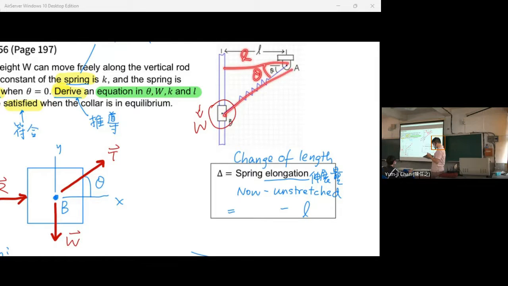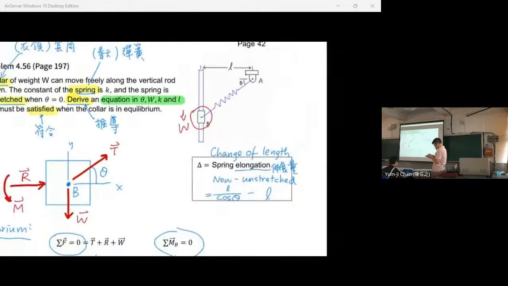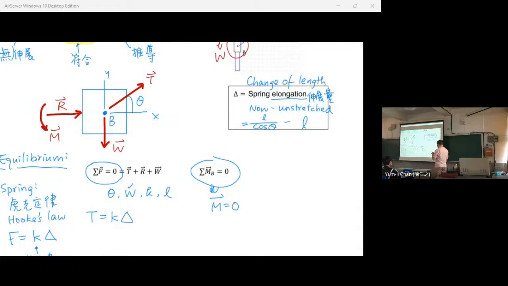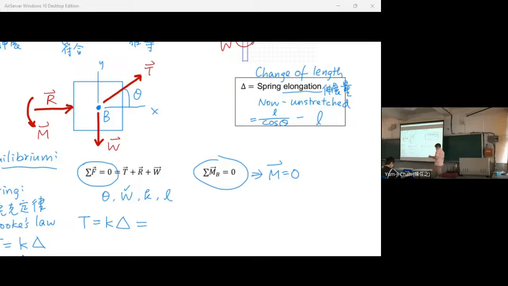So this one is L over cosine theta. And we have T equal to K delta, so it is equal to KL times (1 over cosine theta minus 1).